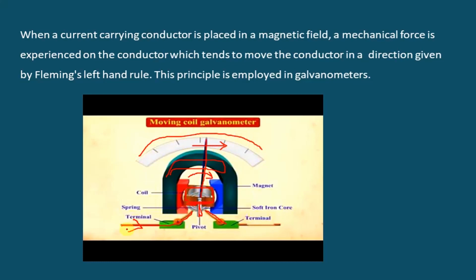The more the current, the more the torque developed, so the more the movement of the pointer. This is the principle of how a galvanometer works. Let's go back to the question.